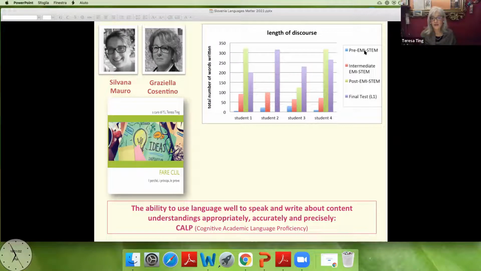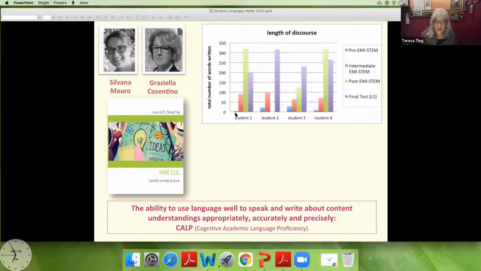Before these translanguaging tasks in STEM, they analyzed the total number of words that were written in a previous test. And we chose the 4 weakest students, okay, because it's not useful to look at good students. It's useful to look at weak students.